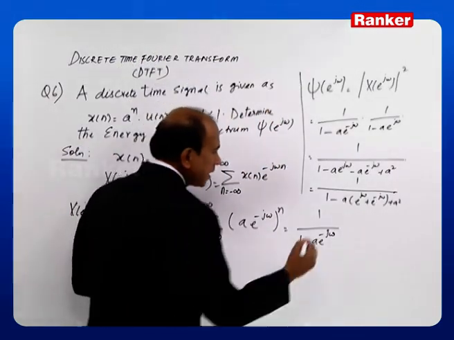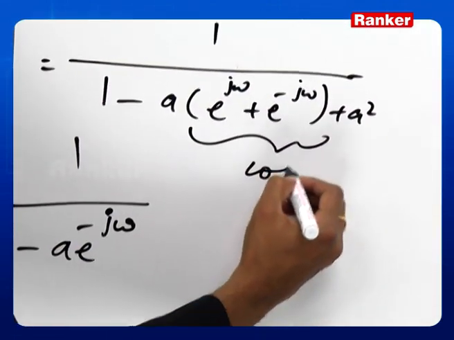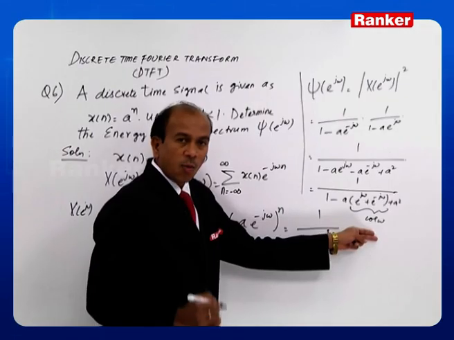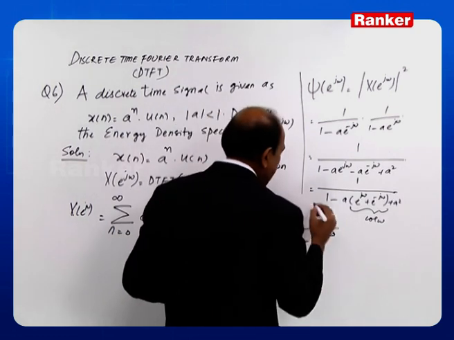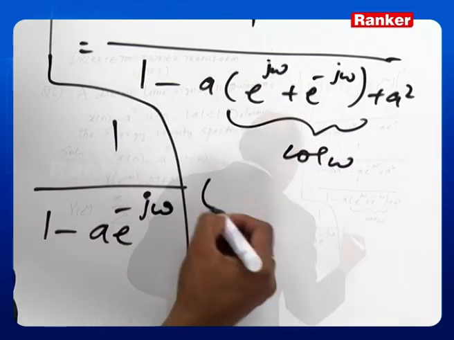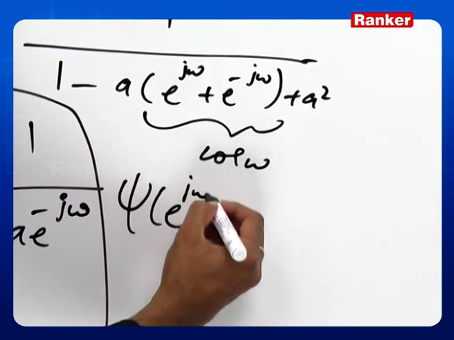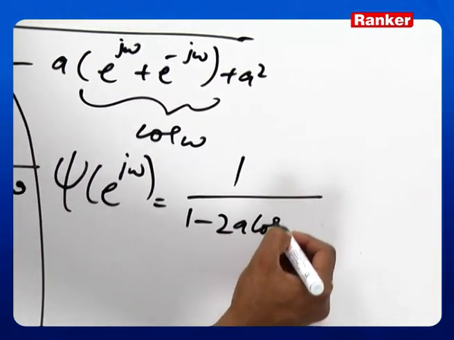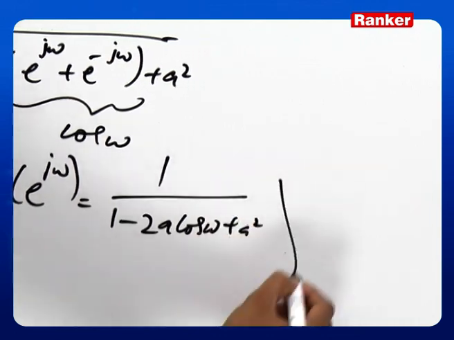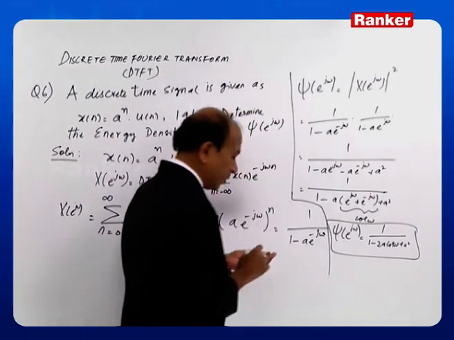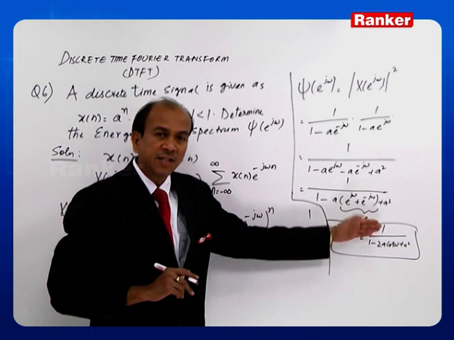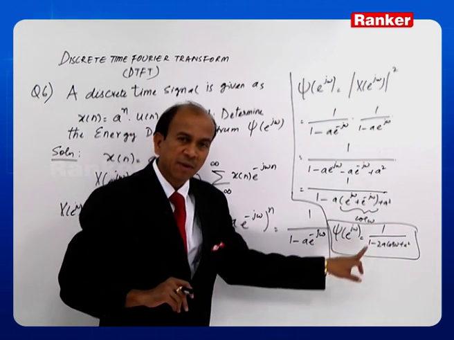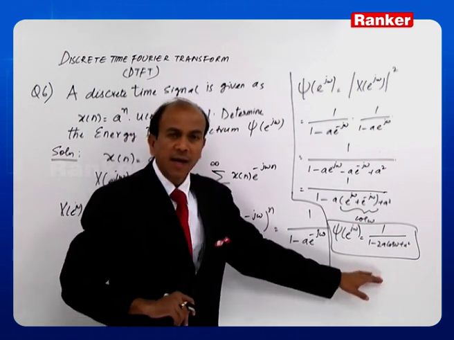Okay, as you see here, this is a cos omega. What is missing is 2. So, I can write this equation as psi of e to the power of j omega is equal to 1 by 1 minus 2a cos omega plus a square. So, this is our energy spectral density given by 1 by 1 minus 2a cos omega plus a square.